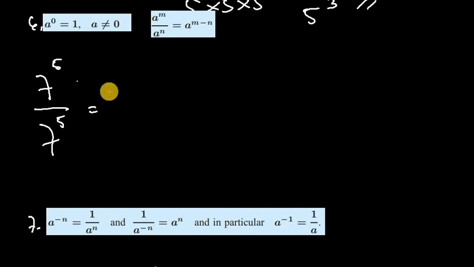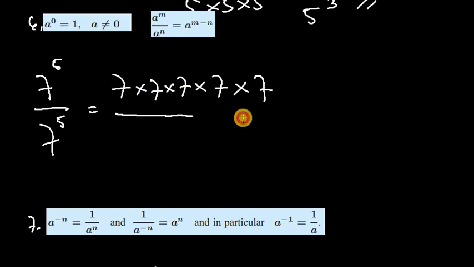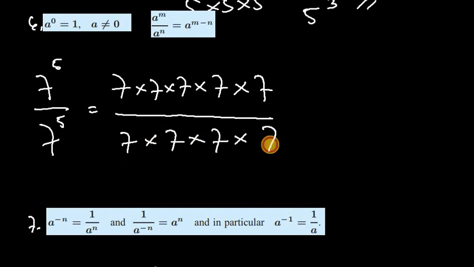If we use the manual way, we will have 7 times 7 times 7 times 7 times 7, 5 times, 1, 2, 3, 4, 5, divided by 7 times 7 times 7 times 7 times 7, which is the same, 1, 2, 3, 4, 5. Now, since this is division, we can just cancel each other.